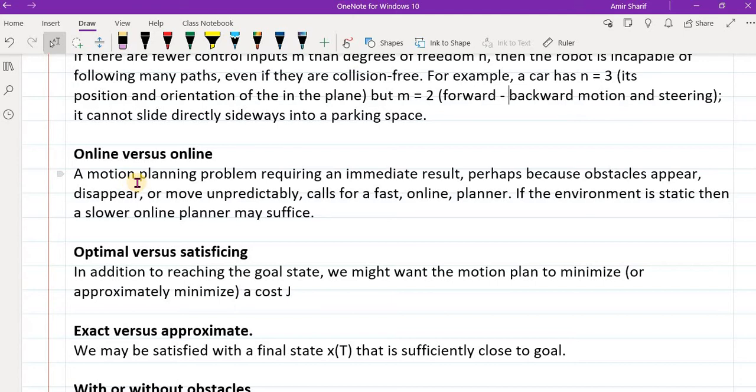Another type of motion planning problem is, we can categorize the problem as online versus offline. A motion planning problem requiring an immediate result, perhaps because obstacles appear, disappear, or move unpredictably, calls for a fast online planner.